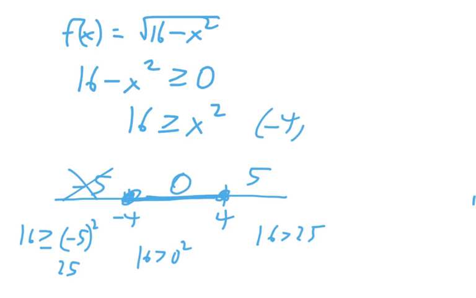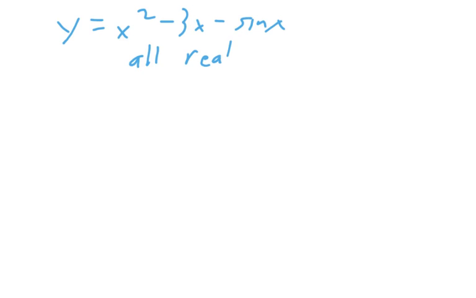So we are talking about everything from negative 4 to positive 4, and they should be in brackets because we include negative 4 and positive 4. If I wanted to determine the continuity of this, it would be a nice and simple all reals because no number is a problem in these.